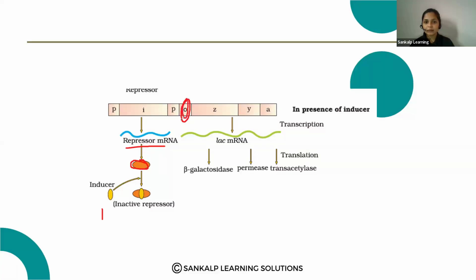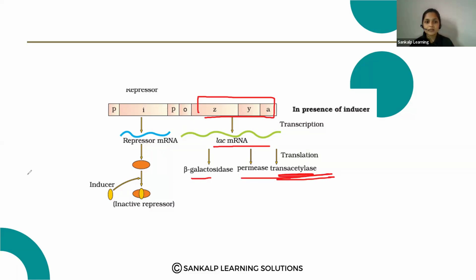Then the structural genes are able to transcribe, and they transcribe the mRNA, producing beta galactosidase, permease and transacetylase. So this is the process in the presence of the inducer, that is lactose.